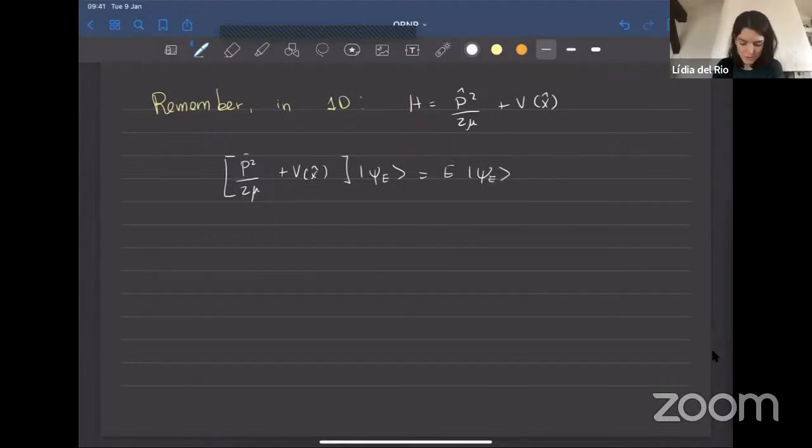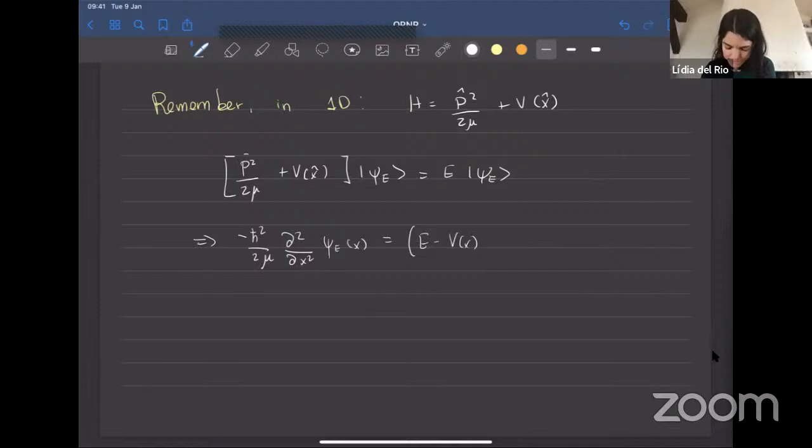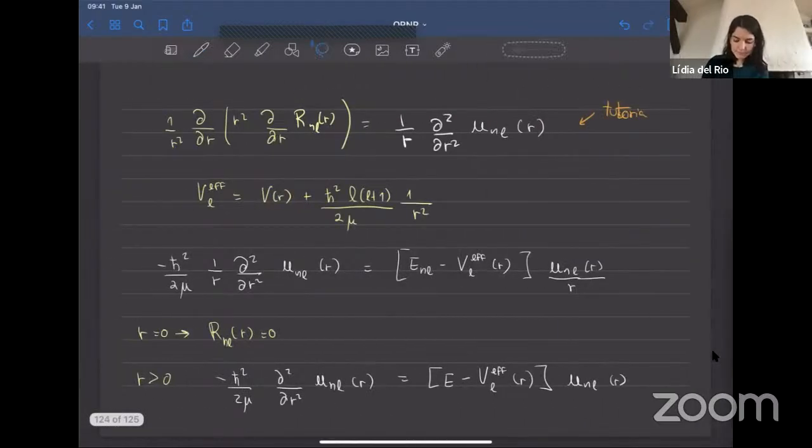And then at the level of the wave function, it was exactly this. The momentum just gave this h bar and the second derivative in order of x, because we have only one dimension, and then the V of x we could take to the other side, and it was E minus V of x. So let me bring back the other one so we can compare it. So this is the one we have now.